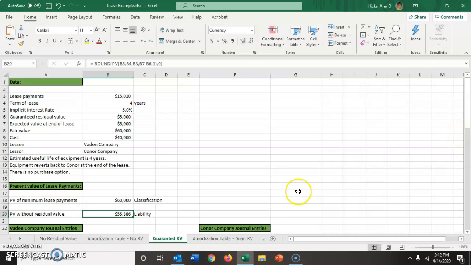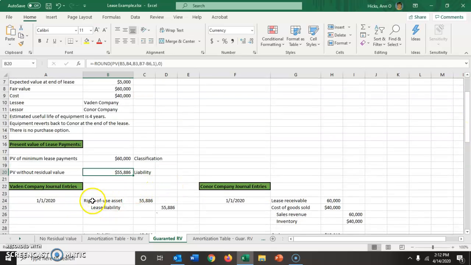Okay, so that means on January 1 of 2020, Vaden Company, the lessee, will debit the right of use asset and credit lease liability, but only for $55,886. Again, that is the present value of the payments, not the residual value.